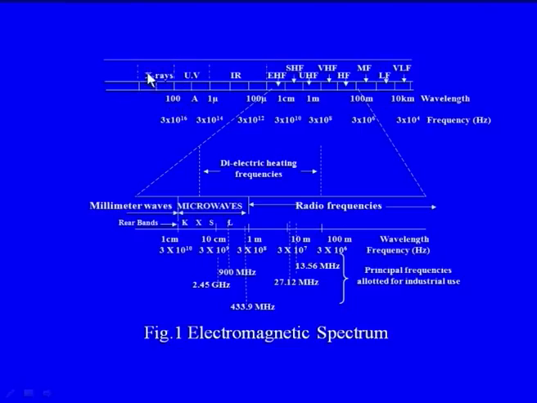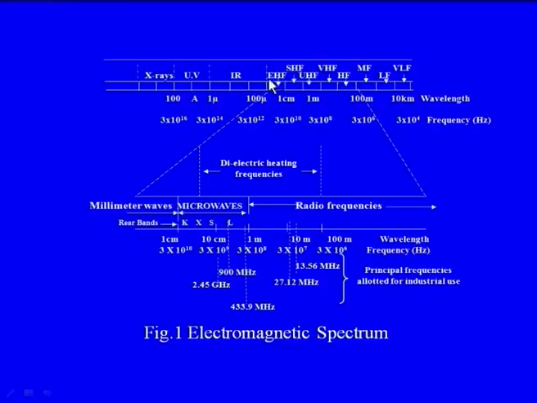In this range are X-rays, which are used in various applications, from materials characterization to healthcare or medical diagnosis systems. It is a very useful form of energy. Then UV and IR are also used in different applications, like IR imaging, which is coming in a very big way.